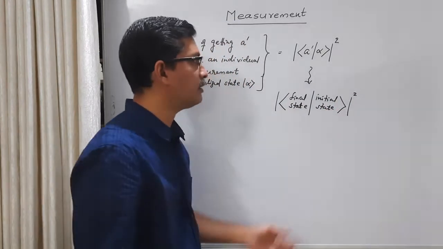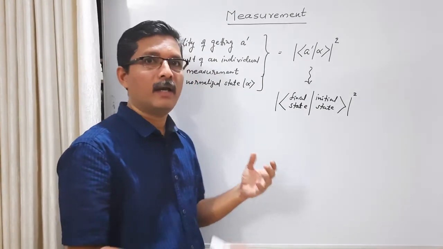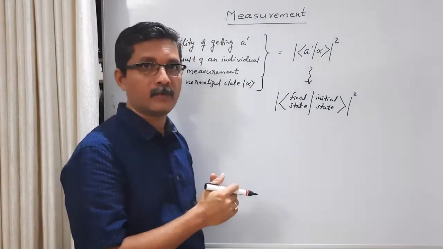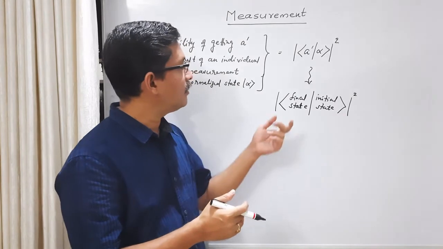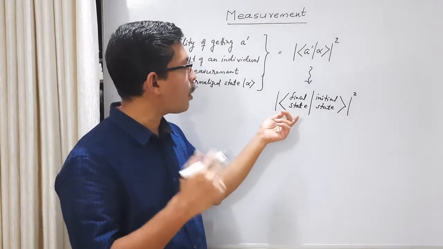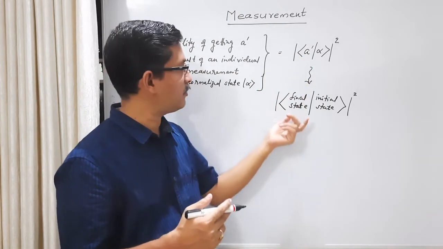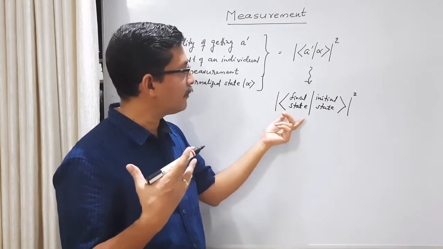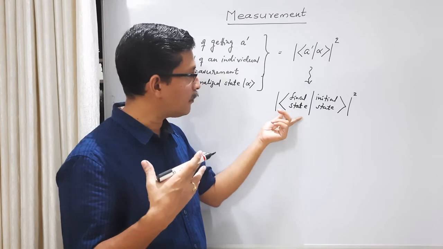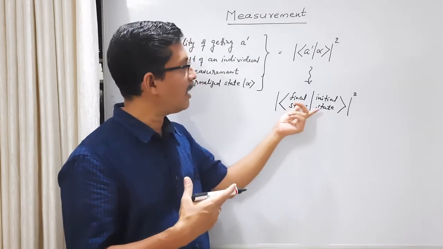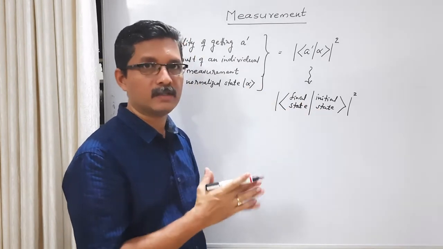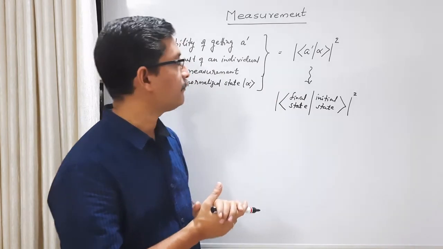This is how we calculate the probability of getting a particular eigenvalue as the result of a measurement. In other words, the probability of getting a particular ket as the result of a measurement. So we take the inner product between that particular final state and the initial state, and square it. That is the probability.